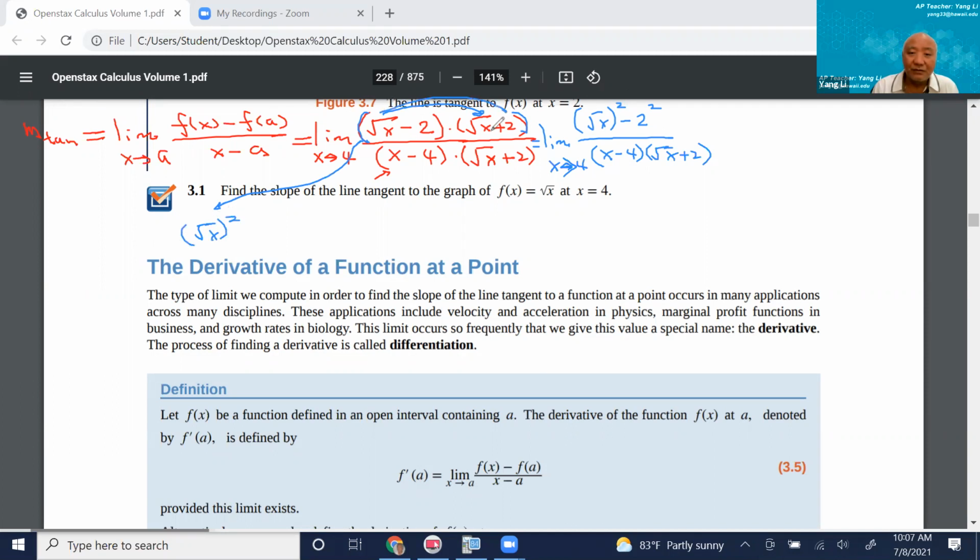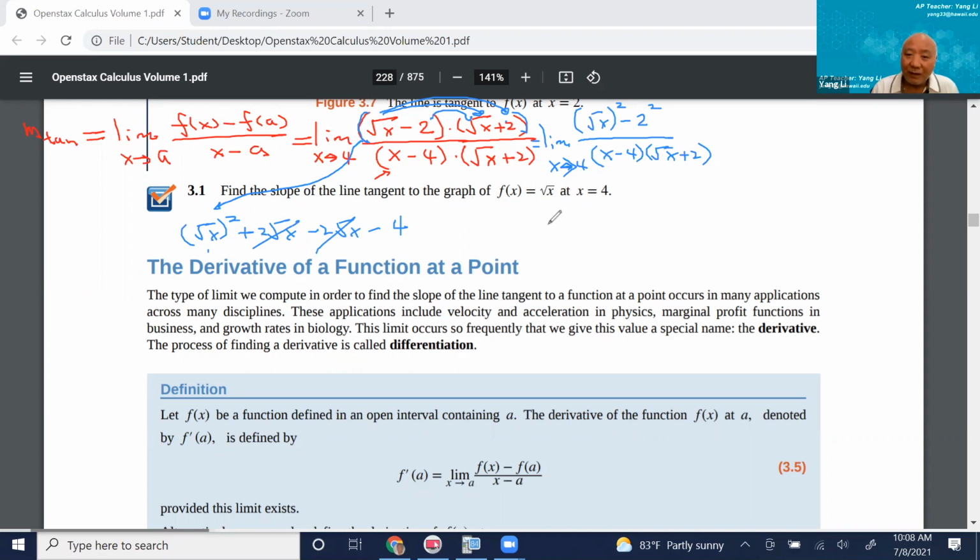And this one times this one, we use FOIL, right? We mentioned that in a few lessons ago. So add 2 square root x. And this one times this one, you have minus 2 root x. And this one times this one will be minus 4, or 2 squared is 4, right? So these two cancel. That's why you have this one.